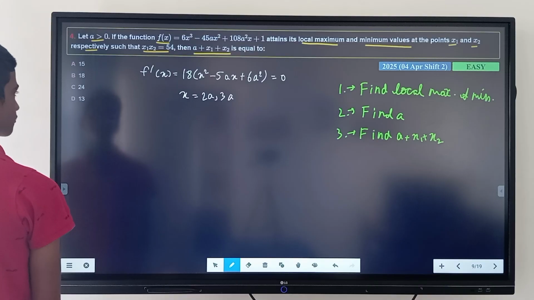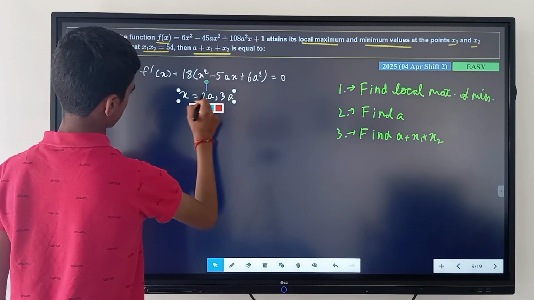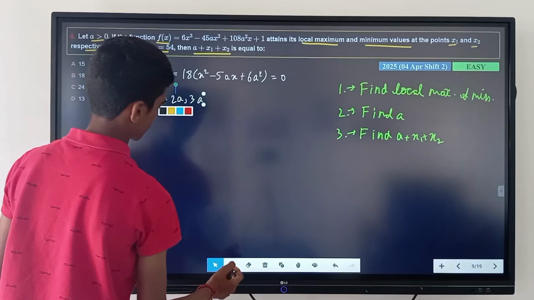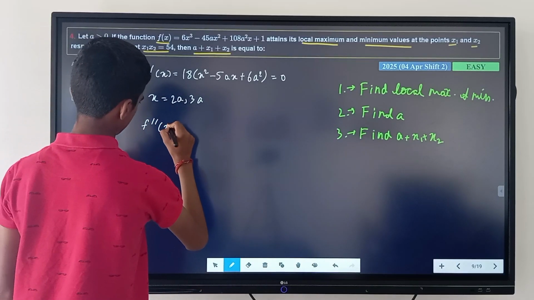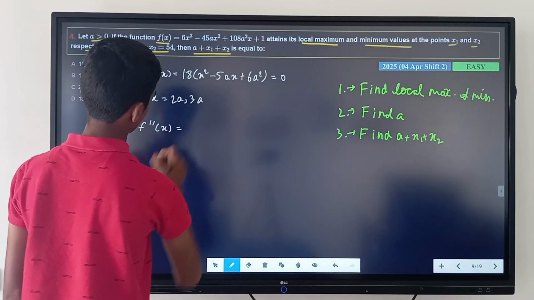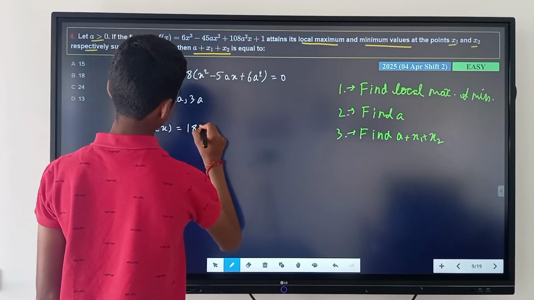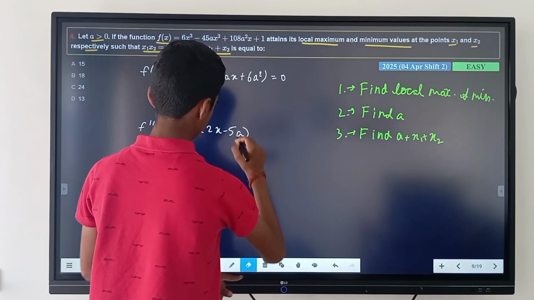Now we need to find which is local maximum and which is local minimum. So we are going to use the second derivative test again. Our f dash dash x is equal to 18 times 2x minus 5a.